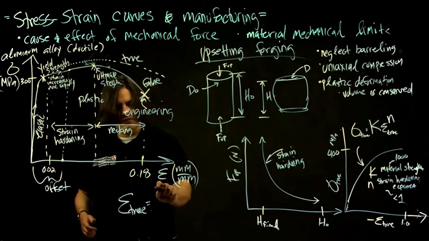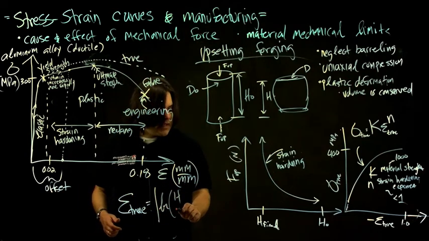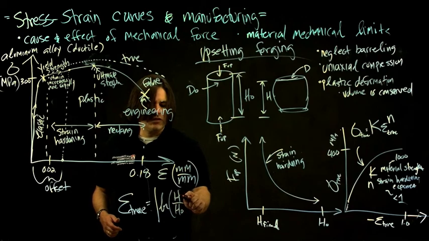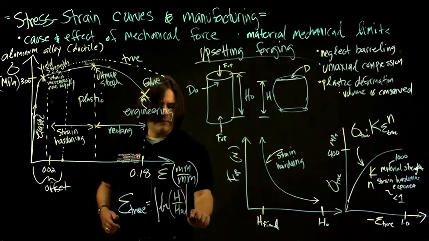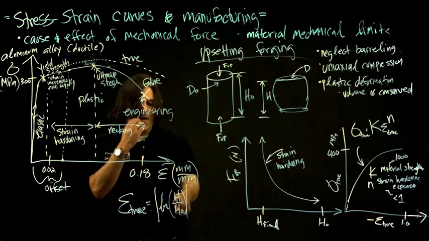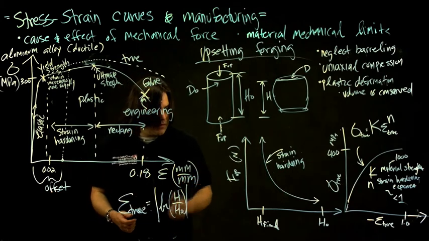It's the absolute value of this ratio: the height you have instantaneously upon the known force, the known normal stress, to the original height. If it's a compression, this is going to be smaller than 1. Natural log of a number smaller than 1 is negative, so you just take the absolute value.